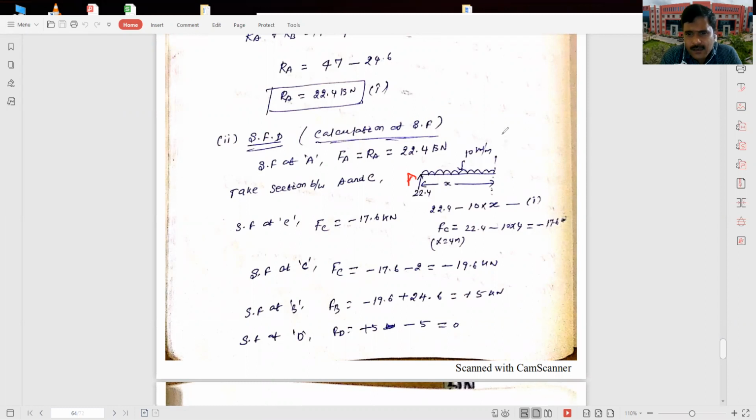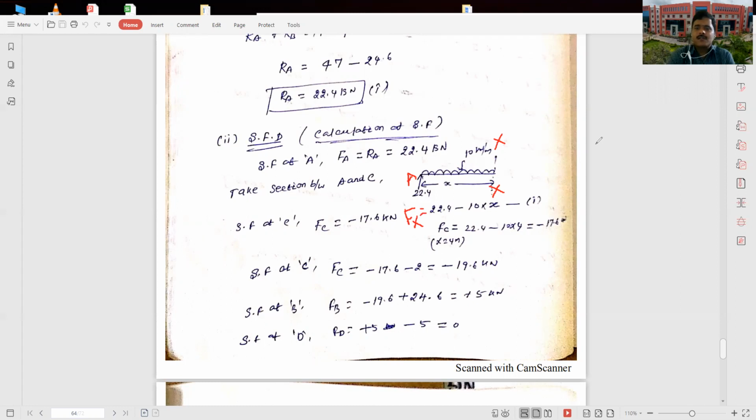So this is the section XX we consider between A and C. From this point to this distance is X. Therefore, if you add all the loads on the left side of the section XX, you will get the shear force F of X. Shear force value at the section XX, F of X value you will get, right?